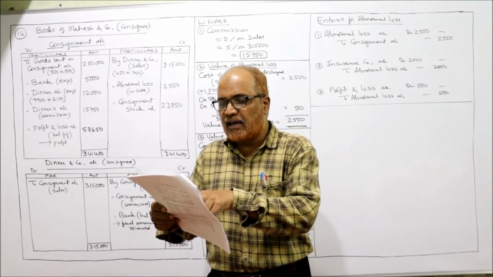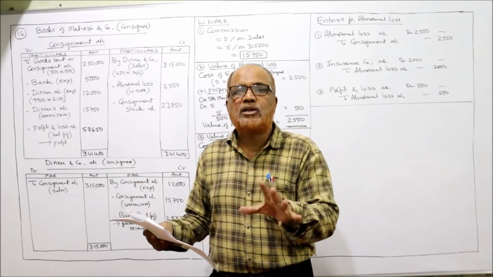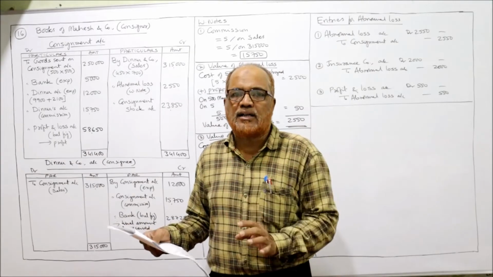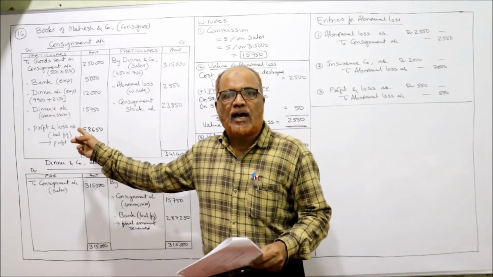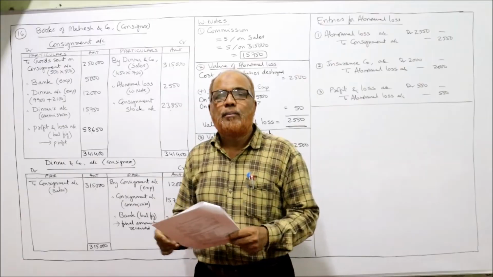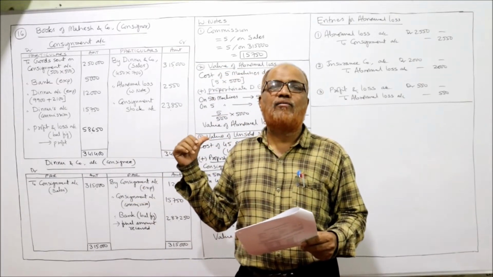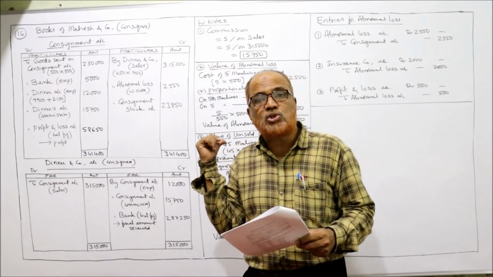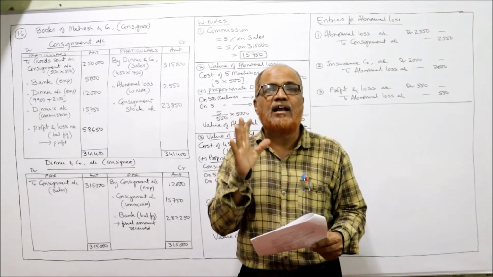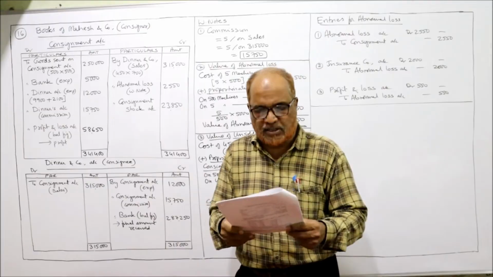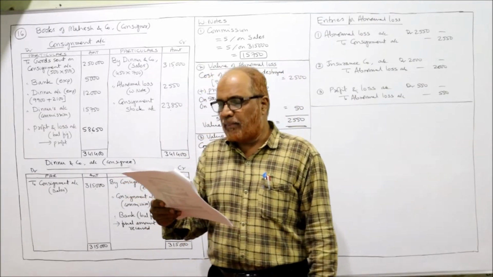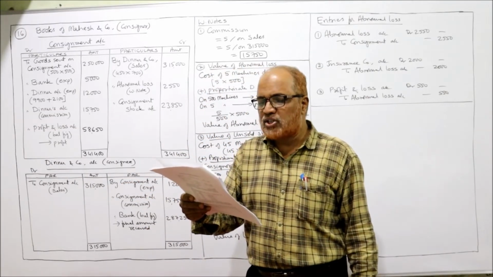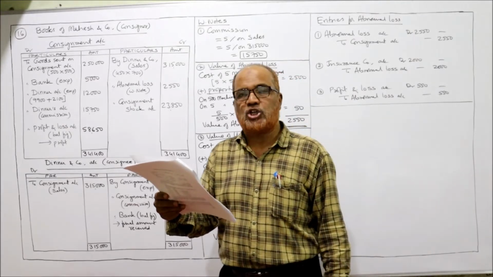How much? 12,000 rupees are spent by the consignee. So in the consignment account we will take 12,000. But while calculating the value of unsold stock, we should consider only direct expenses. Indirect expenses should not be taken. That point you have to remember. He sold 450 sewing machines at rupees 700 each.